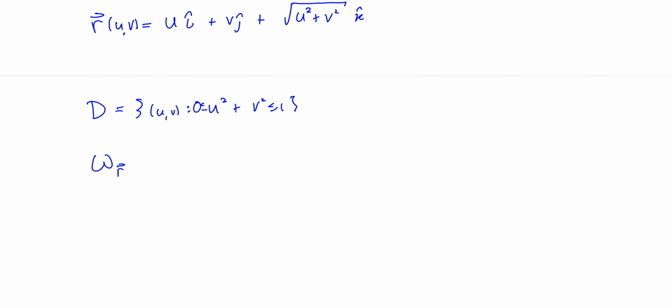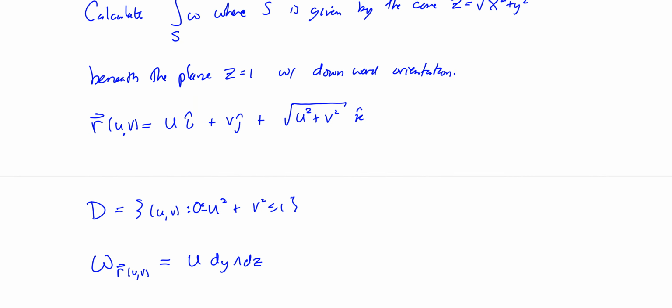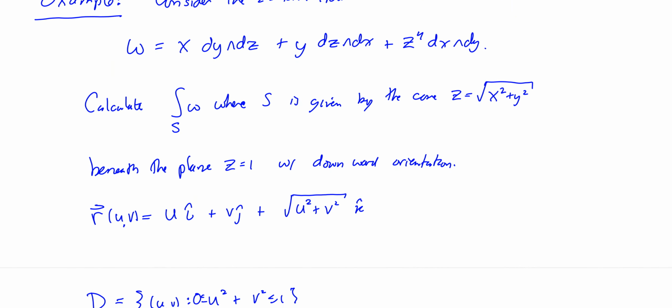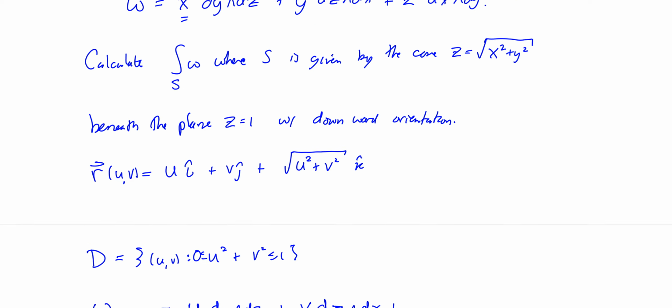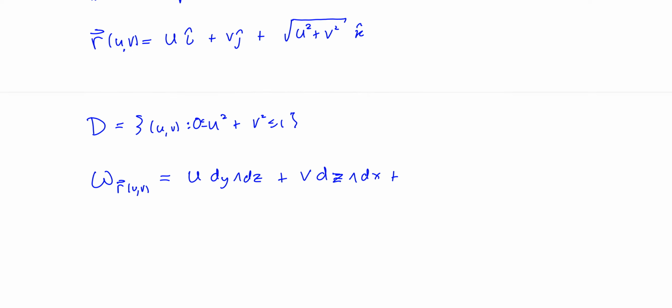Now, if we evaluate our two-form field at R of uv, this is going to be u dy wedge dz, right? Because the x component, the i coefficient of our R of uv, is u, and so that means we replace this x here with u. And then for the next term, we're going to replace the y with v. And then finally, for the z, we're going to replace it with square root of u squared plus v squared.